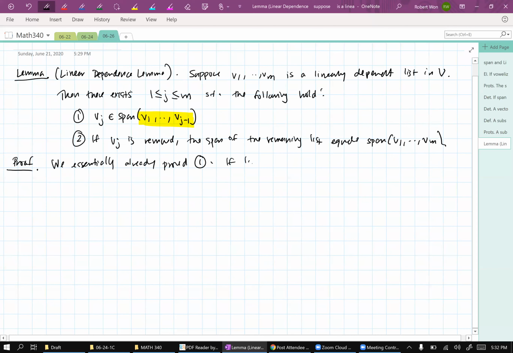Then you can write a1 v1 plus through am vm equals 0, and these scalars are not all 0. Oh, gosh, m.